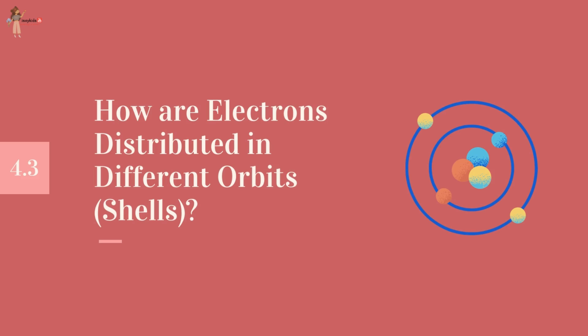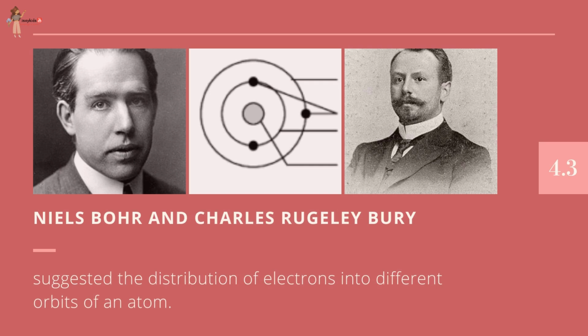How are electrons distributed in different orbits or shells? The distribution of electrons into different orbits of an atom was suggested by Bohr and Bury.